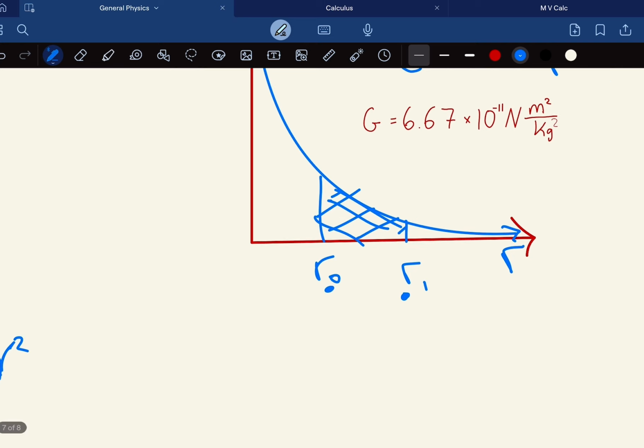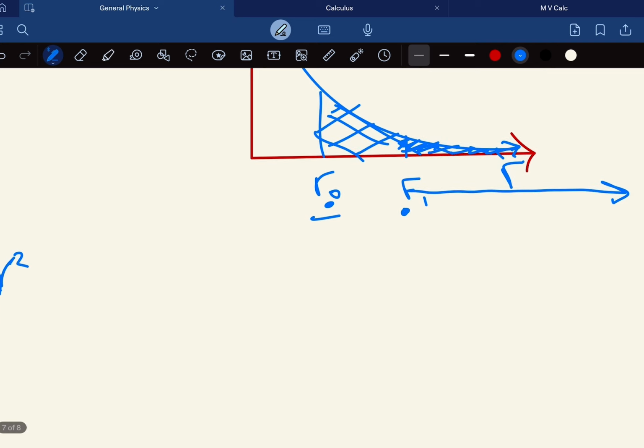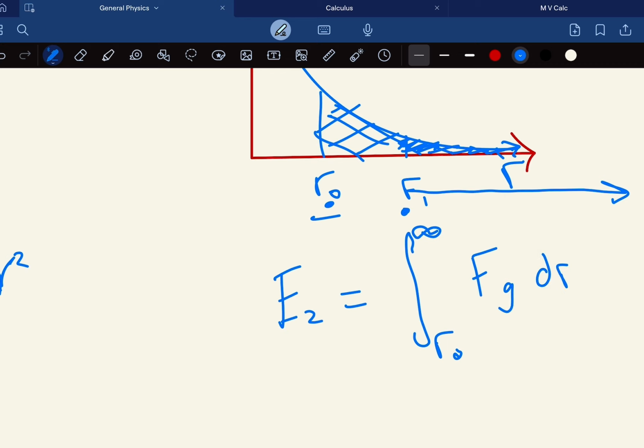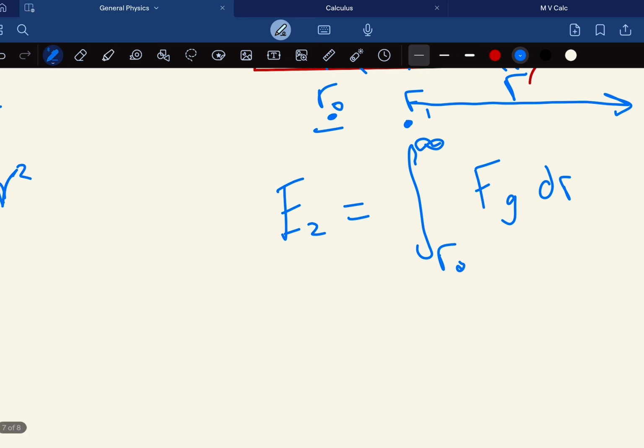So let's assume that this is our initial radius of r naught, and let's move r1 all the way infinitely far away, so that we are looking at the area infinitely under this curve, also known as you're looking at the energy is equal to the integral from r naught to infinity of the force of gravity with respect to the radius.